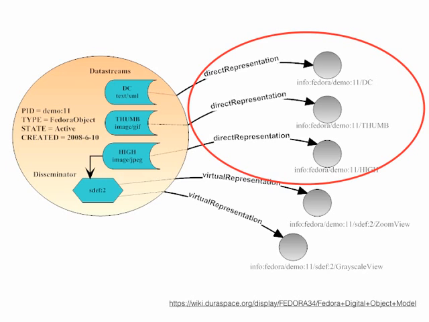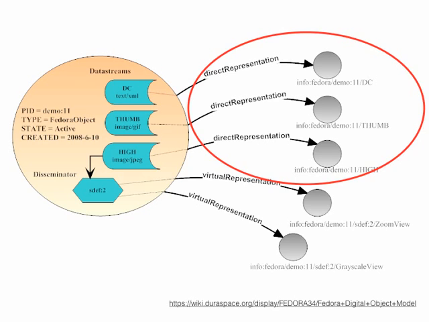There are 3 data streams and 3 representations. Right? This particular object, which is called Demo 11, is an image that can be displayed as a thumbnail, a high-resolution image, or as Dublin Core DC metadata. So a single object has 3 distinct data streams that can be displayed differently.